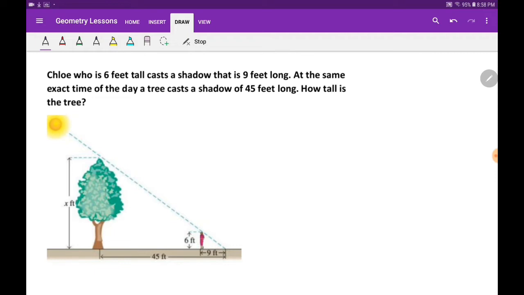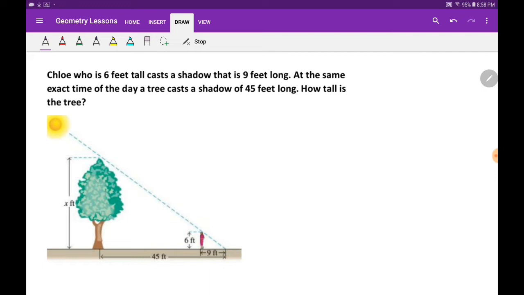Now, this is one problem that you will see over and over when we're talking about triangles, right triangles, similar triangles. That is called the shadow problem. It talks about the shadow of objects.